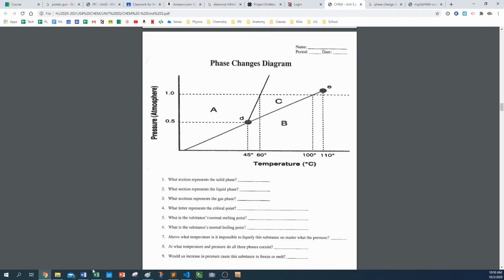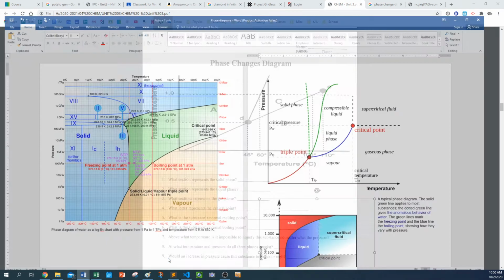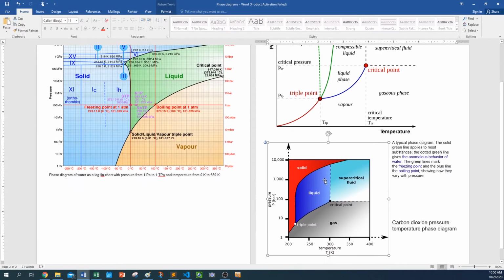So again, looking at this image right here, at this temperature, for CO2 it is 300. At this point, no matter the pressure, it can either exist as a gas, a supercritical fluid, or a solid up here.